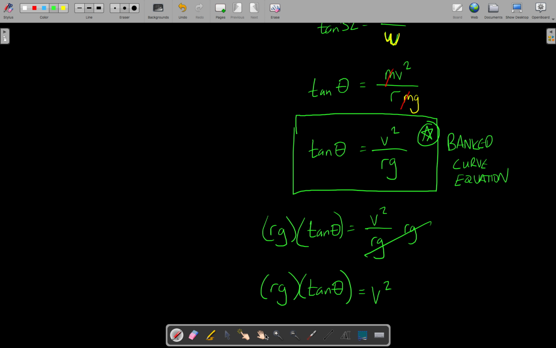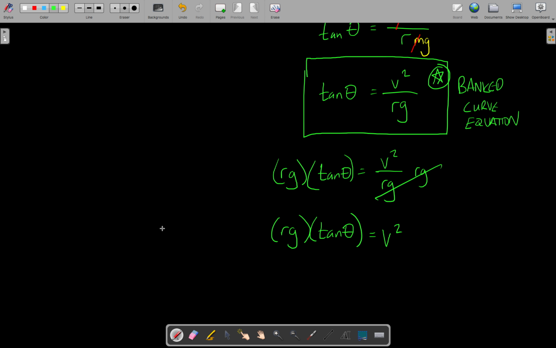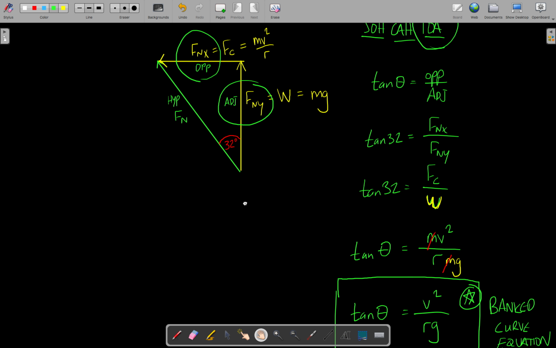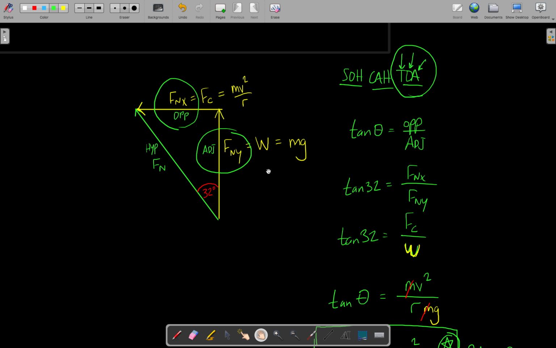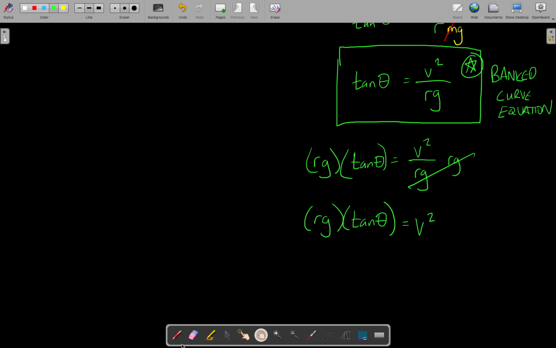Okay, once we're here, we can go ahead and plug in our values. So radius, go back again. So what was our radius again? Our radius was 52 meters. So 52 meters times our gravity, which is 9.80, times our tangent theta.